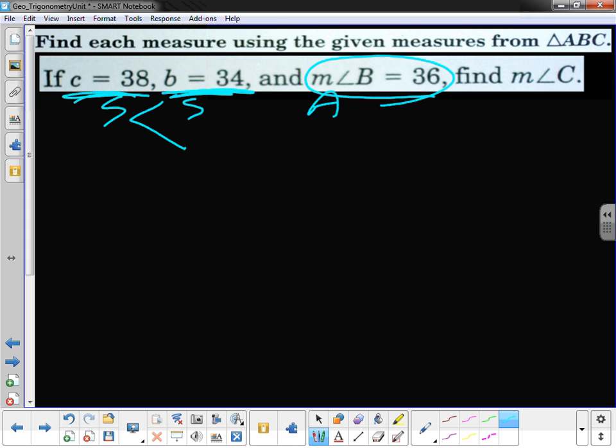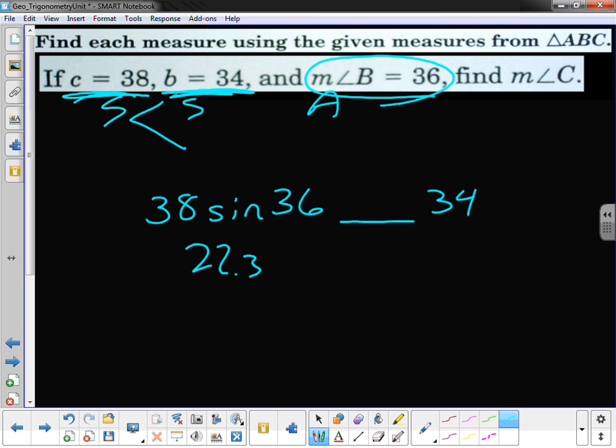So I need to take 38 times the sine of 36 and see how that compares to 34. Well, 38 times the sine of 36 happens to come out to be 22.3358, which is less than 34.